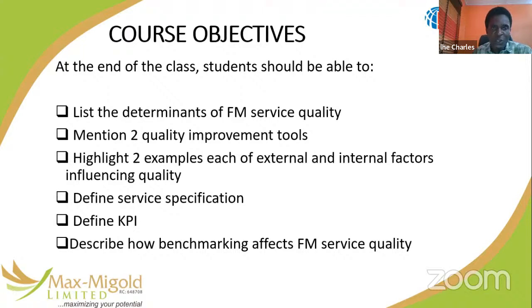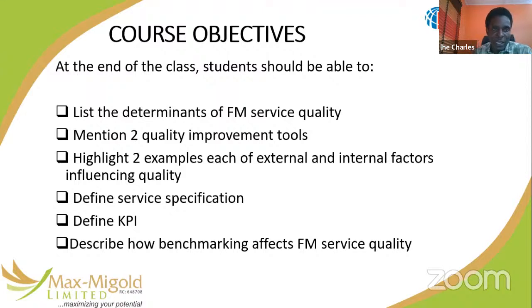We are going to mention 2 quality improvement tools. Quality generally is all about continual improvement. And even in FM, you are expected that your performance improves as you are carrying out your operation. So we are going to look at tools that we can use in improving our quality of service.